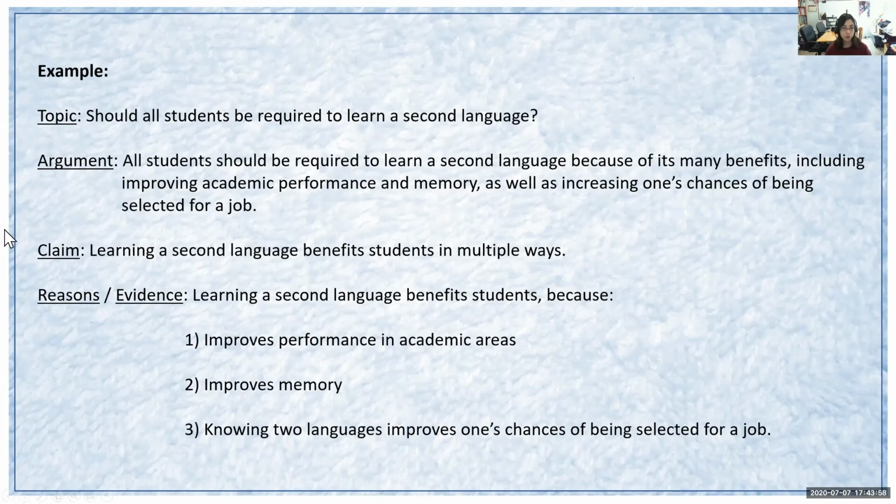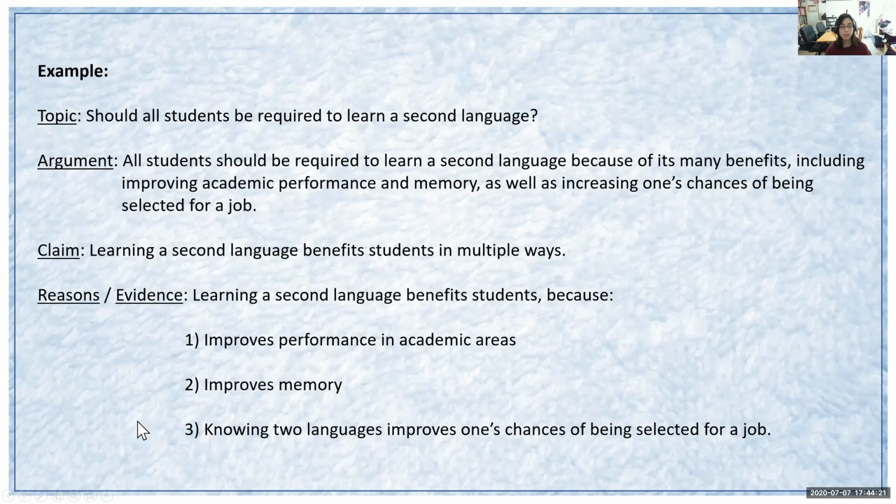So my claim, which is my statement, could be, learning a second language benefits students in multiple ways. My reasons and evidence could look like this. Learning a second language benefits students because it improves performance in academic areas, improves memory, and knowing 2 languages improves one's chances of being selected for a job.